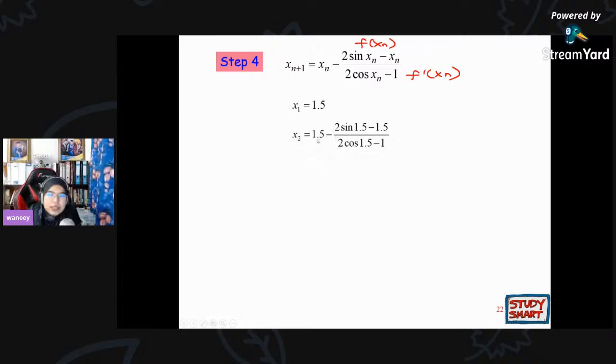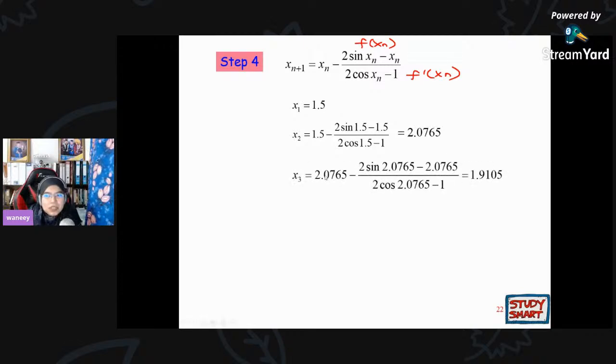So x2 is 1.5 minus (2 sin 1.5 minus 1.5) over (2 cos 1.5 minus 1). So substitute into the formula, use your calculator. The value for this is equal to 2.0765.